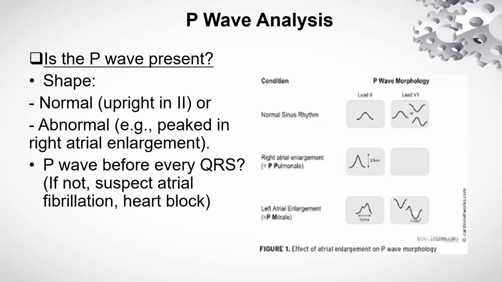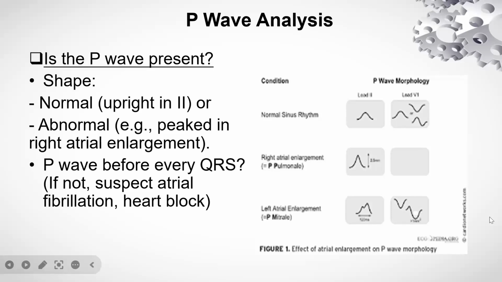If it's upright in lead 2, don't forget lead 2 looks at the heart from the right arm to the left leg, it shows it's normal. But if it's abnormal, maybe it's peaked, or maybe it's larger than 3 small squares, it shows right atrial enlargement. And like I said, is the P wave always before every QRS complex?